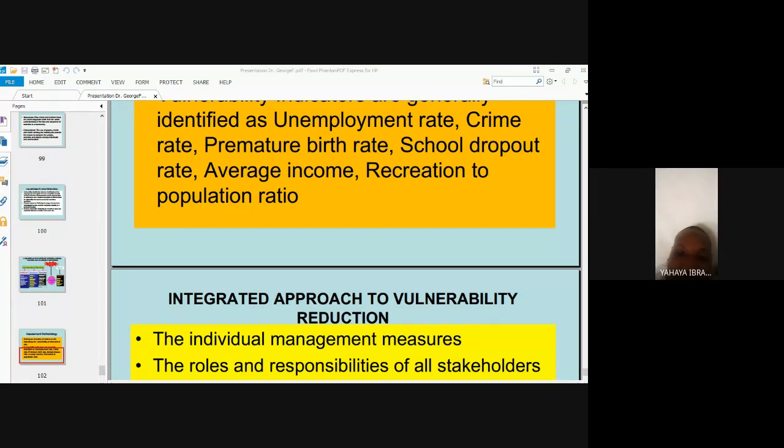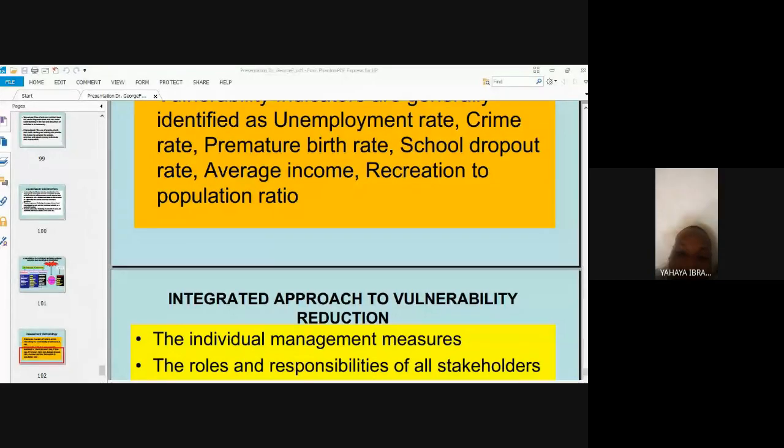Sir, like this vulnerability course, sir. Actually, when you started this lecture, I was attending late, but I observed that this lecture you present is very important. Like the place where I'm living now in Jigawa State, they normally experience flooding every year.